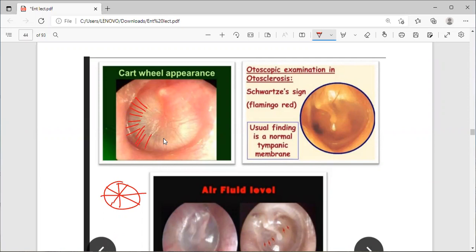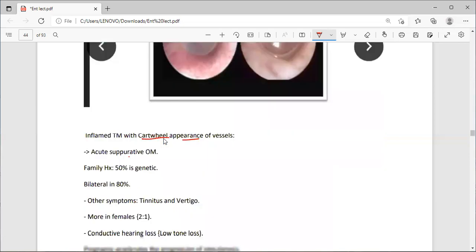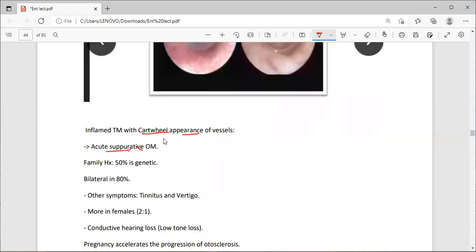Wherever you see a pink tympanic membrane with a cartwheel appearance, you directly go for acute suppurative otitis media. Why? Because there is pus inside the middle ear. When the pus is acutely generated, the patient might have sudden pain. The pus pushes the tympanic membrane, so its capillaries are shown as a cartwheel.